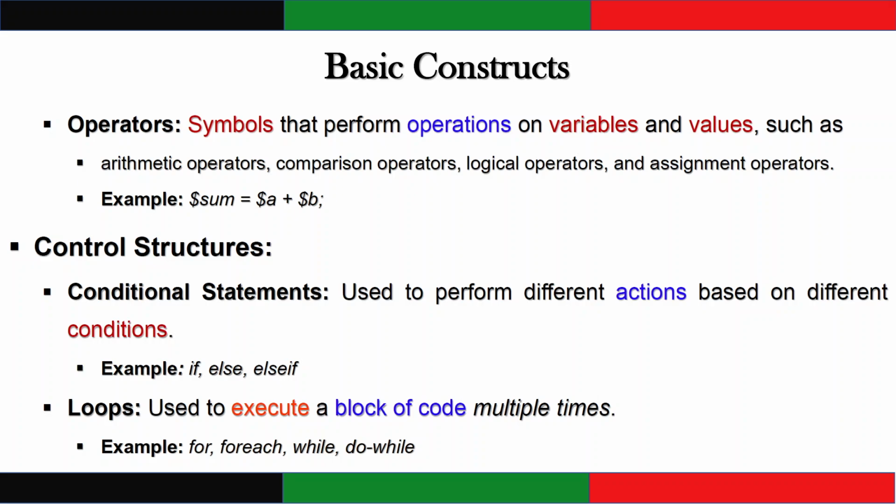But now with control structures, we can go ahead and tell PHP that no, we don't really want to do that. You can just execute this line, then jump to line number 10 and continue from there. Or go ahead and repeat line number 1 to 5 many times until I tell you what to do.